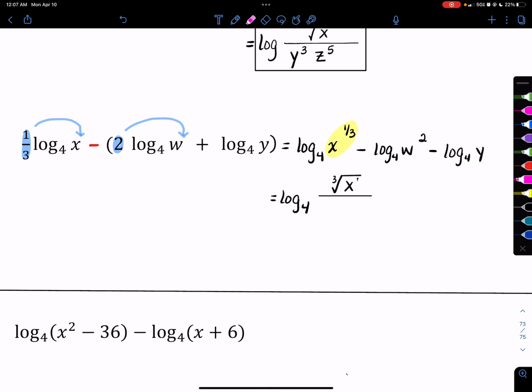Then, negative log base 4 of w squared, so w squared goes in the denominator. Negative log base 4 of y, and y goes in the denominator. That is our condensed log.